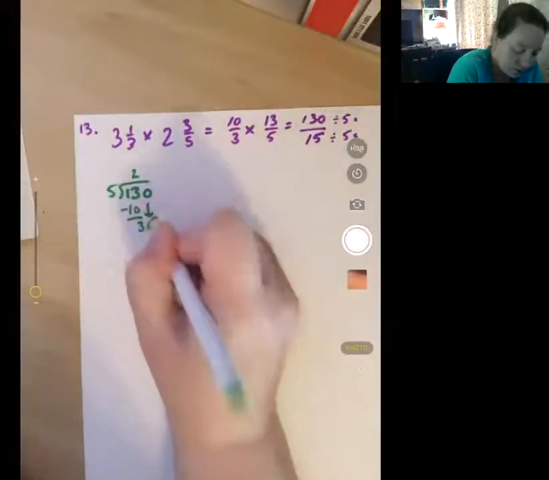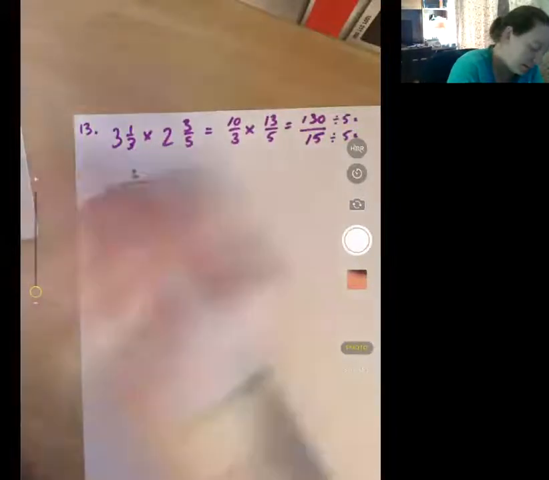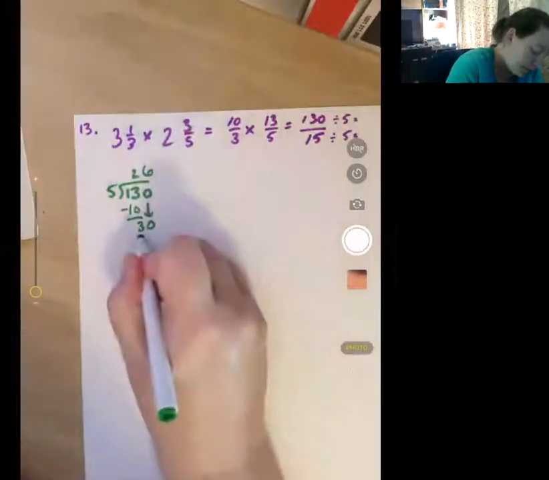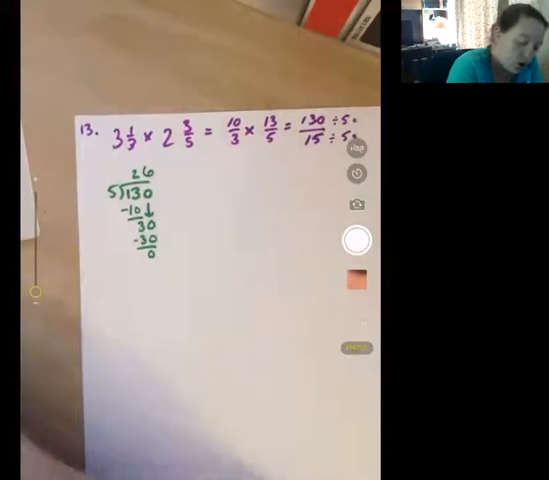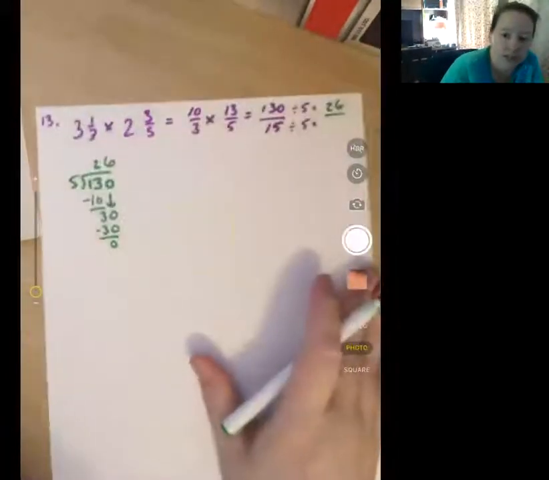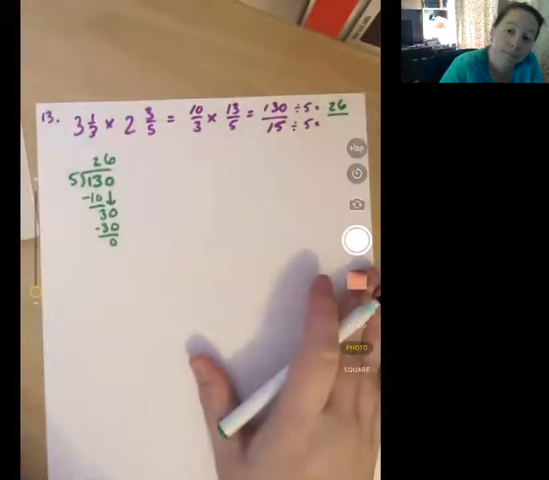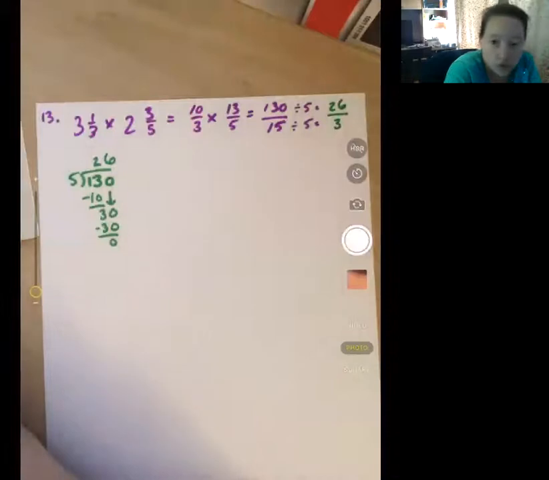We'll bring down the 0. 5 goes into 30. How many times? 5 times what is 30? 6. 5 times 6 is 30, so 30 minus 30 gives us 0. So we have 26 over, what is 15 divided by 5? 3. So I have 26 over 3.